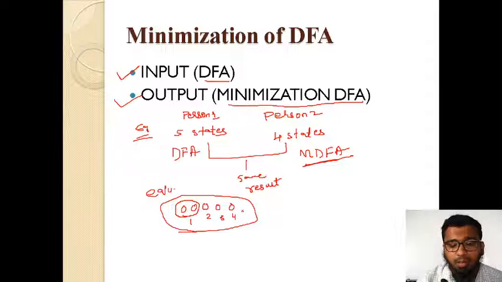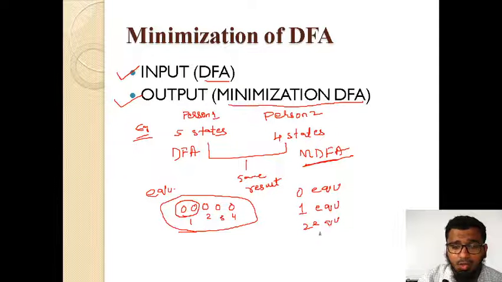Based on equivalence, we have 0 equivalent, 1 equivalent, 2 equivalent, and so on up to n equivalent.